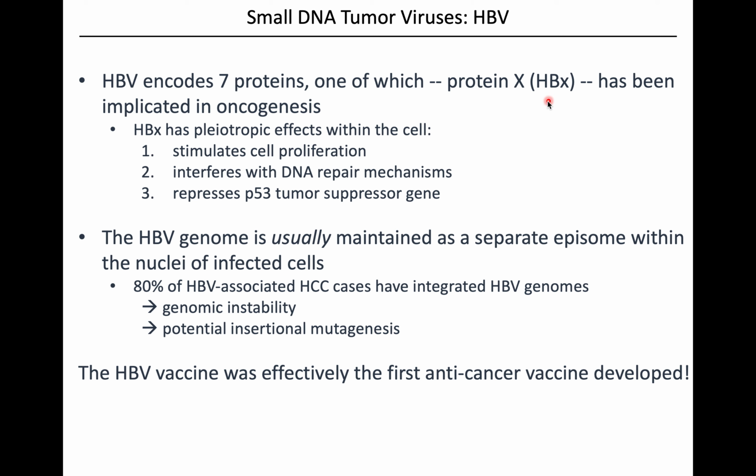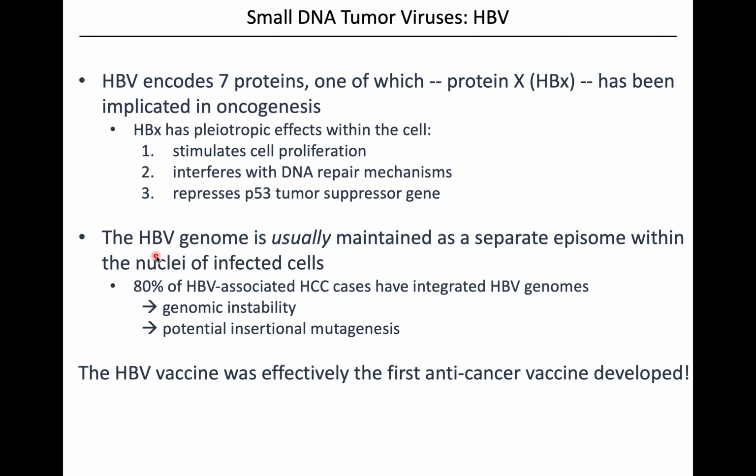That one protein, HBX, has several different effects. It can increase cell division, it can interfere with some known DNA repair mechanisms, and it also blocks the activity of this P53 protein, whose normal job is to activate apoptosis in sort of precancerous, damaged cells.